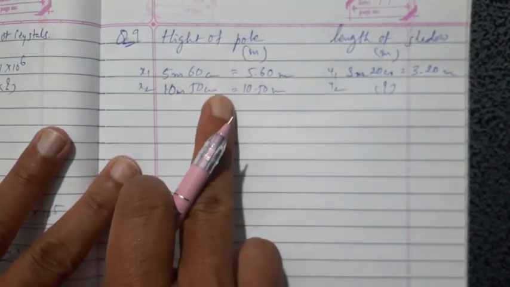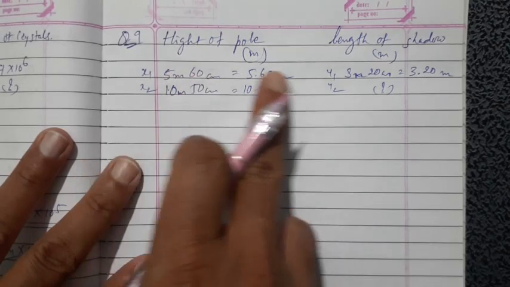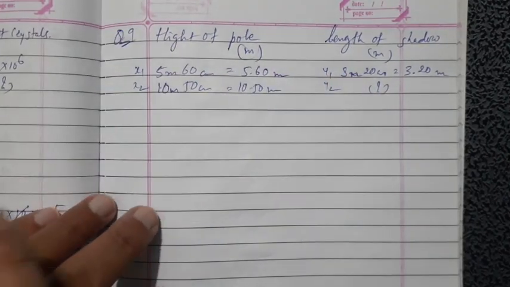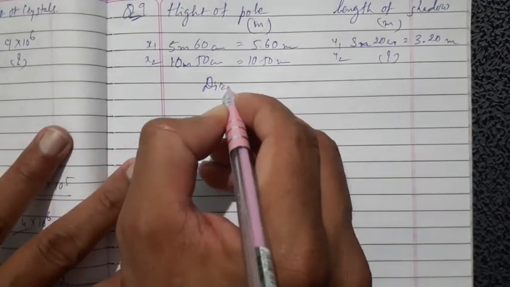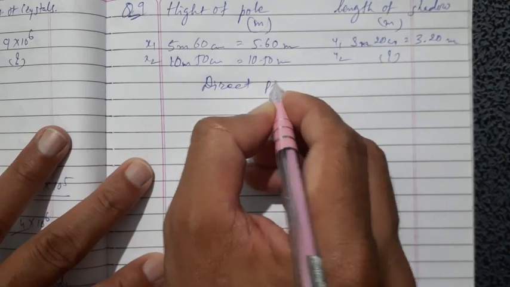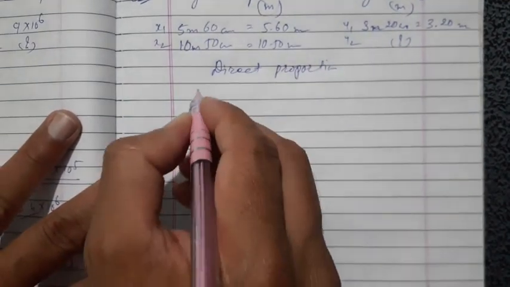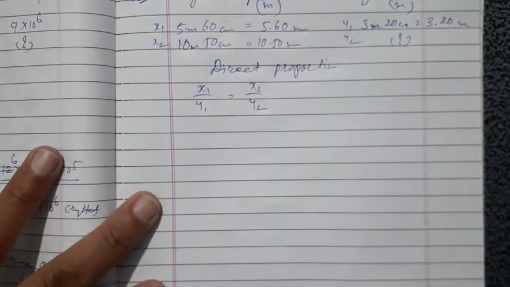When the pole is higher than the first one, the length of the shadow is also greater. That means it is in direct proportion. So x1 upon y1 equals x2 upon y2, right?